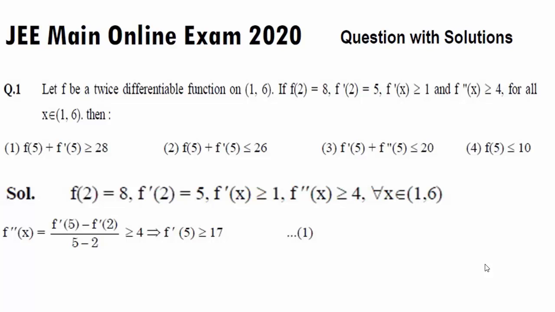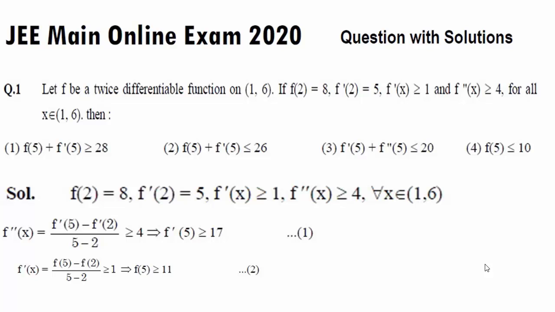This is equation 1. Now, again by the definition of differentiation, f'(x) = (f(5) − f(2)) / (5 − 2), which is greater than or equal to 1. Now, substitute the value of f(2) = 8 in this equation. You will get f(5) ≥ 11.